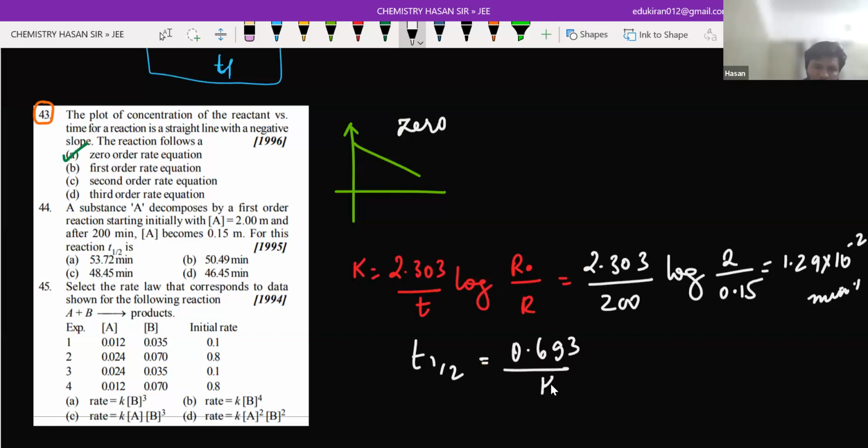And you know that T half is equal to what? 0.693 upon K. So you just need to divide it. 0.693 upon 1.29 into 10 raised to the power minus 2 comes out to be 53.5, or 53.49.